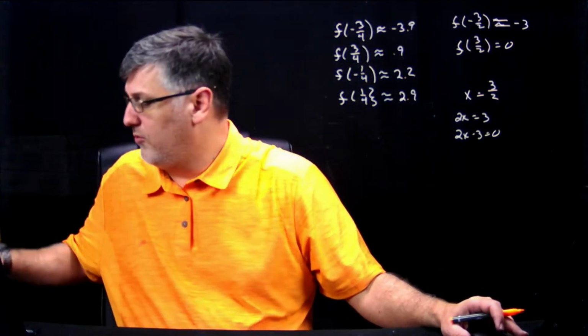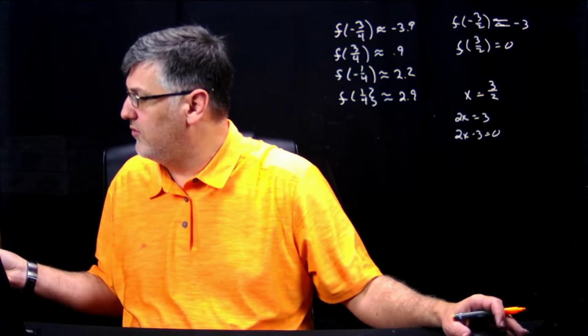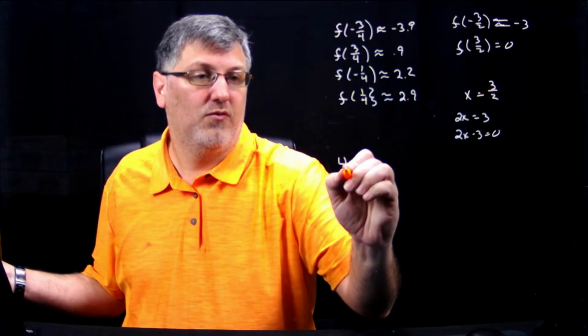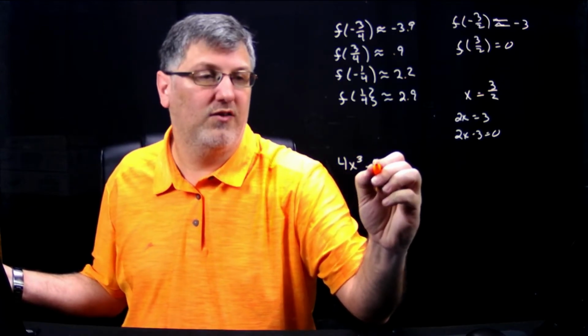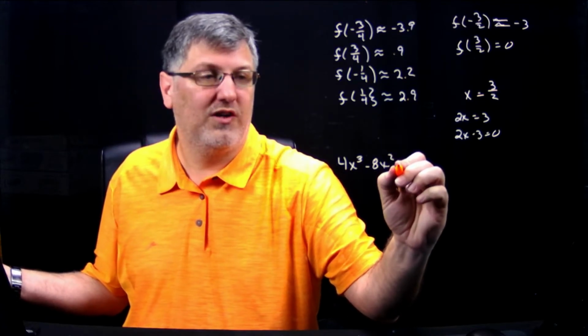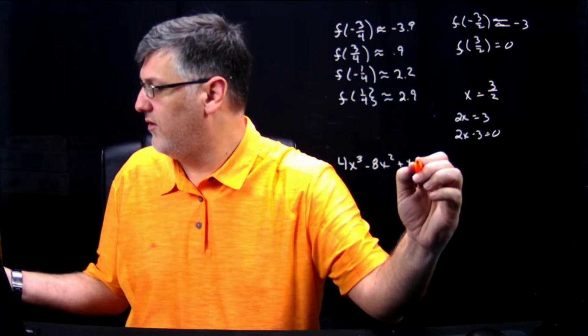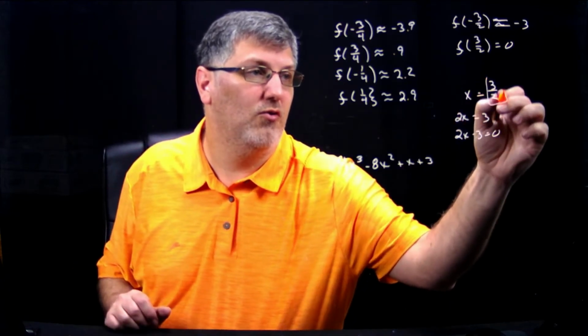So my polynomial, which I erased like a dummy, is 4x cubed minus 8x squared plus x plus 3. And I'm going to do synthetic division, and I'm going to do that number right there.